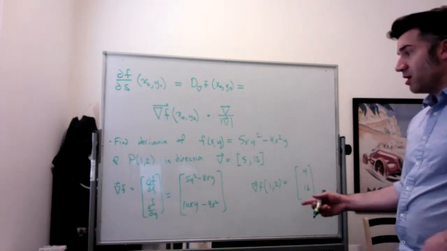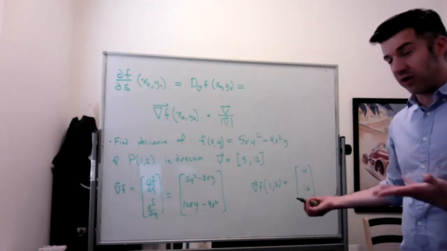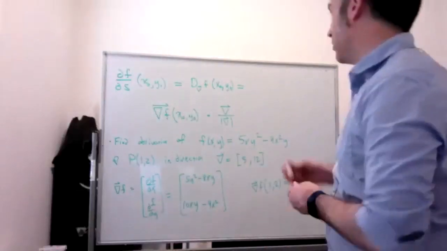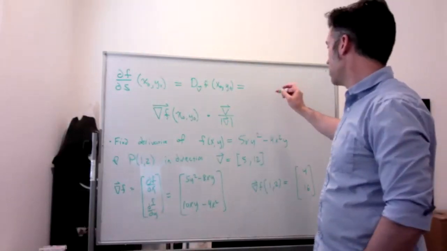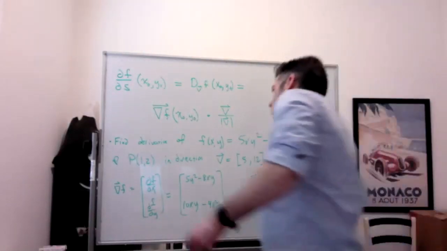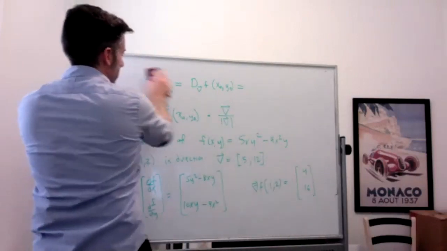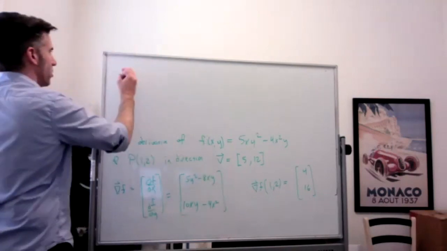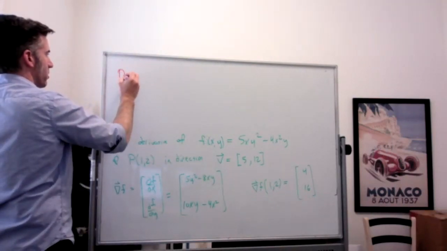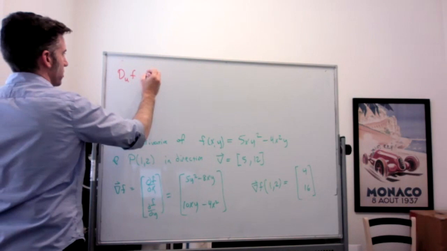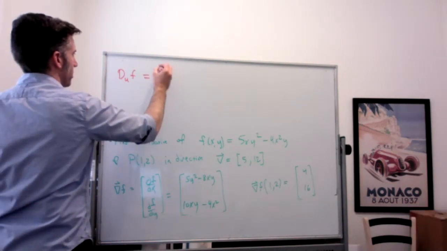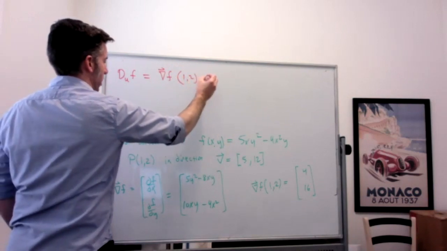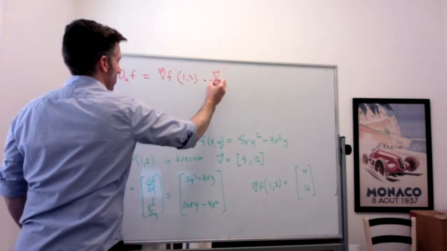So that's the gradient. Then if I want to find the directional derivative, I'm going to take that gradient, and let's do it in red. The directional derivative is going to equal, and I should use more appropriate notation here, the gradient evaluated at the point (1, 2), dotted with the vector v divided by its magnitude.